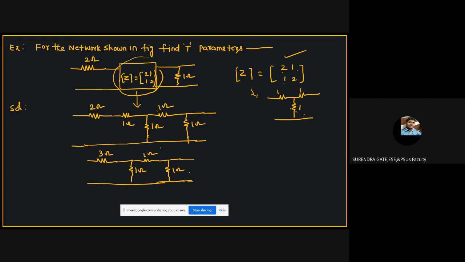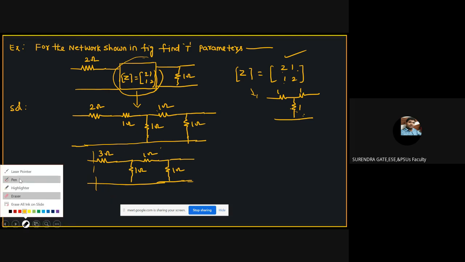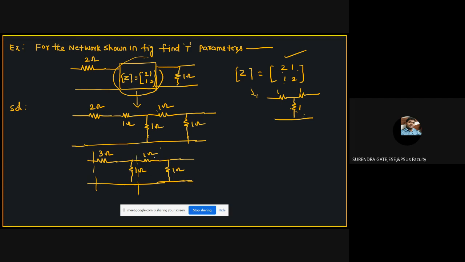Yeah. Now see this, you can divide into different networks. This is one network, and this 1 ohm and 1 ohm is also one network. Actually, this is 3 ohms and 1 ohm, this is one network, and this is one network.